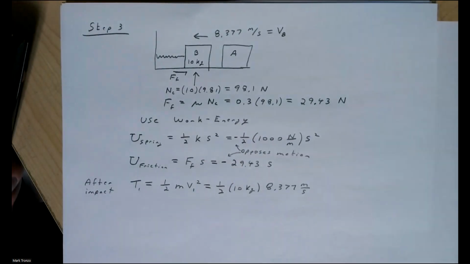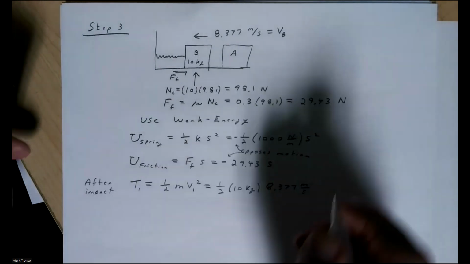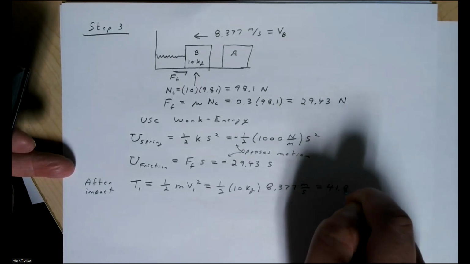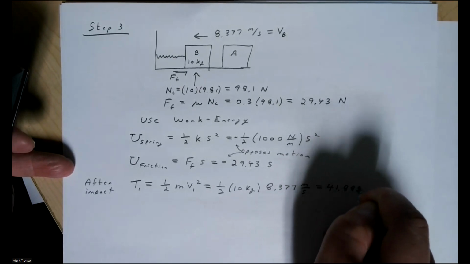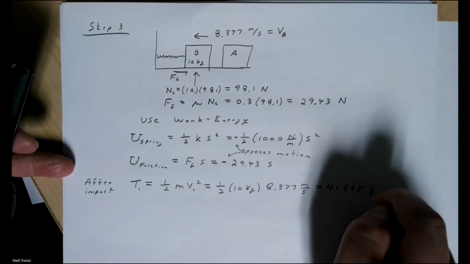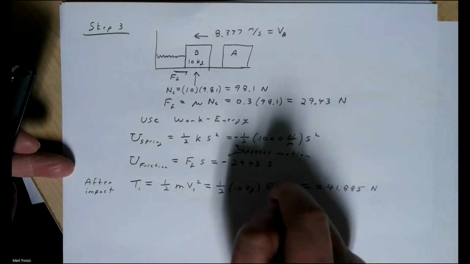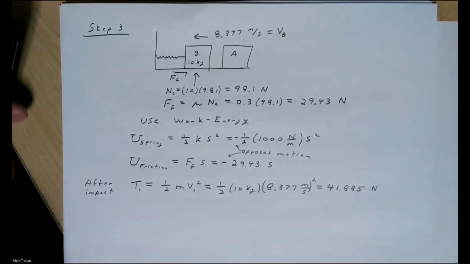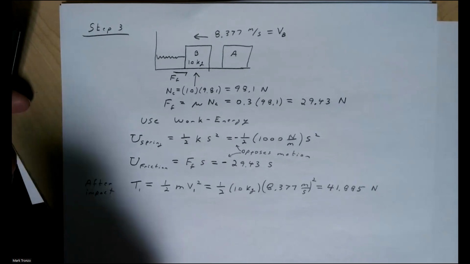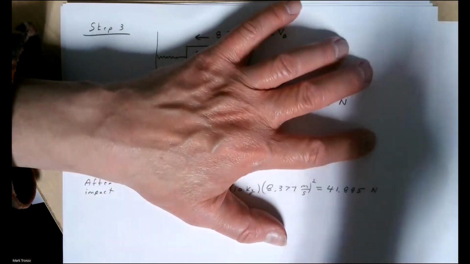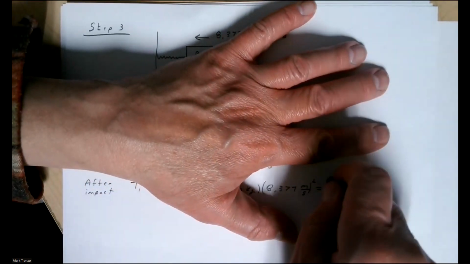And so this is going to be about 41.885. Oh, that's squared, sorry. So that's going to be about 350.87.